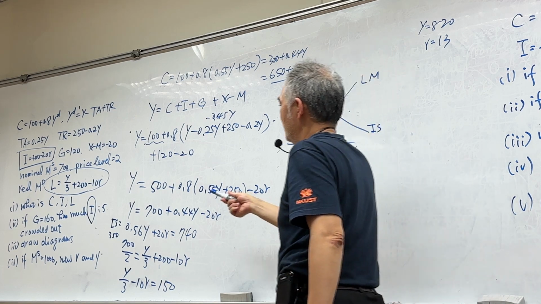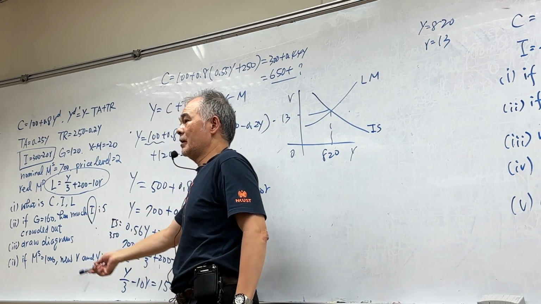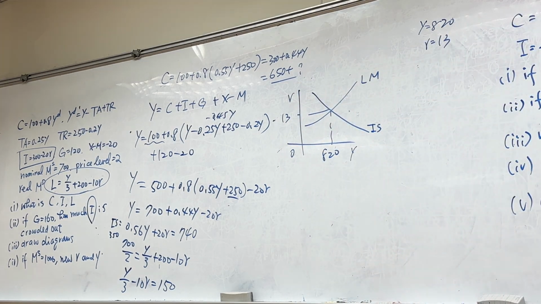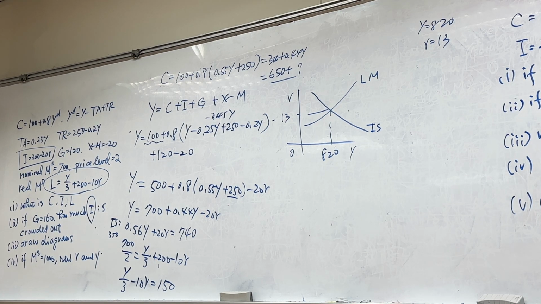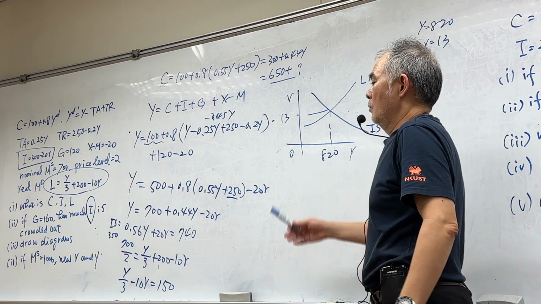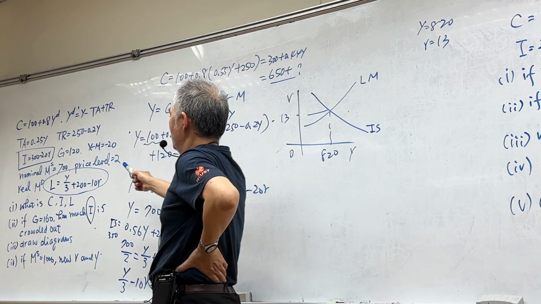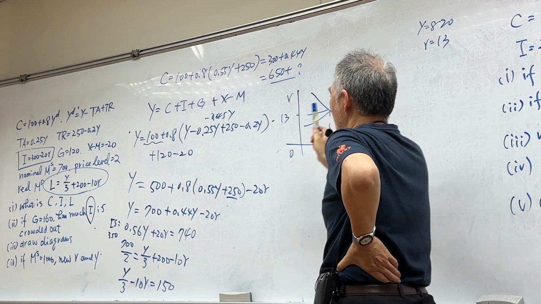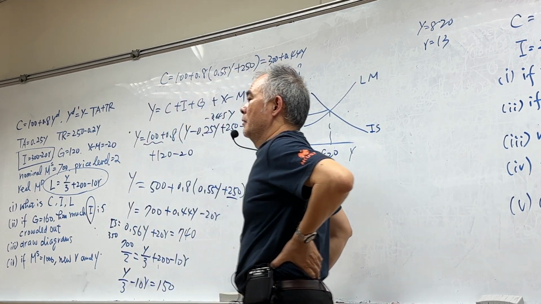And now, what happened? Because you have increase in government expenditure. So how will the diagram change? Wang Pei Zhen. So in this case, what will be the changes in the diagram? So you have the first one, right? You have ISLN, and now you have the second one, sorry, here, right? So how much is that?